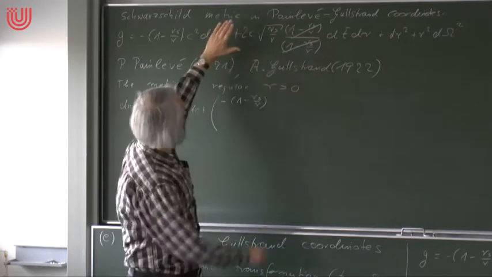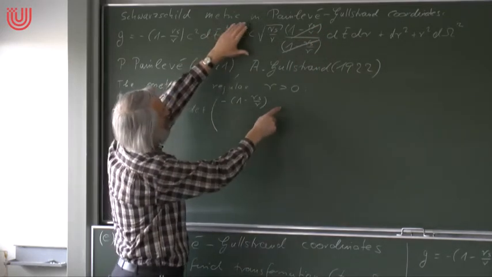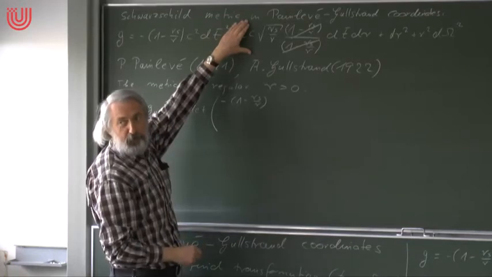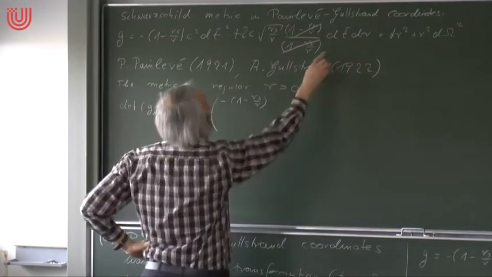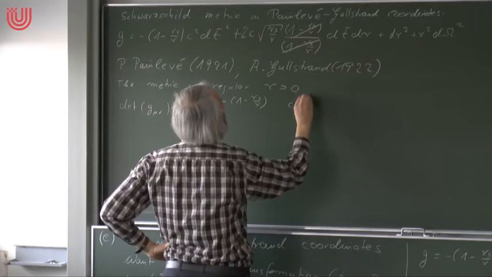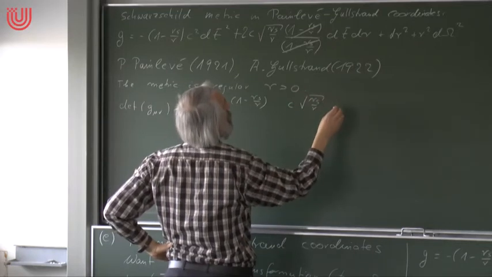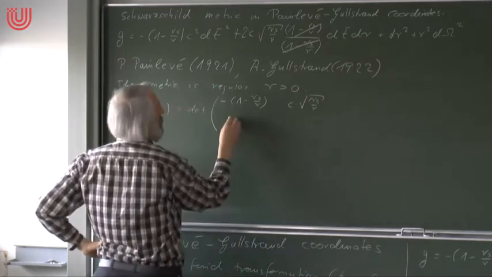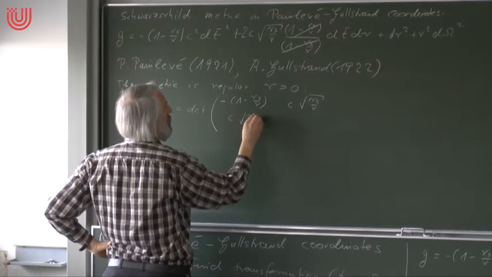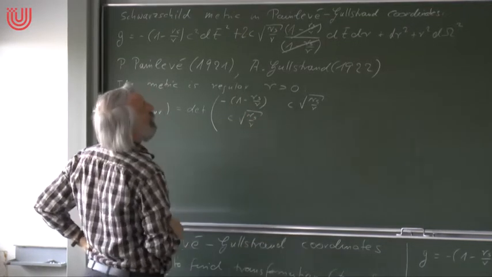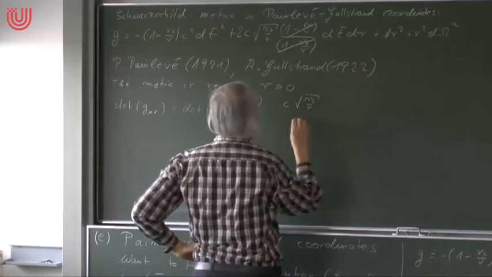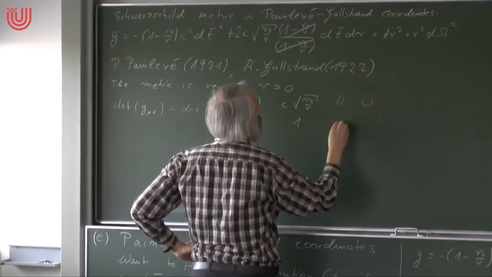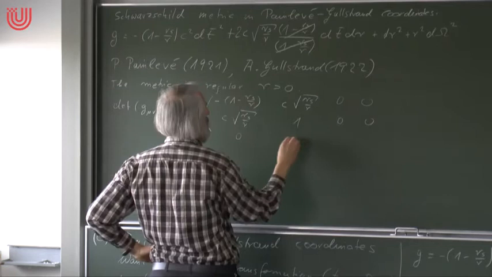So if I write down the g t bar r component, it's the thing without the 2: c times root rs over r. And here's the same thing, root rs over r. And the g_rr is 1. Here I have zeros, and here I have zeros.